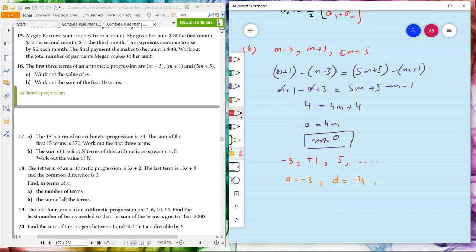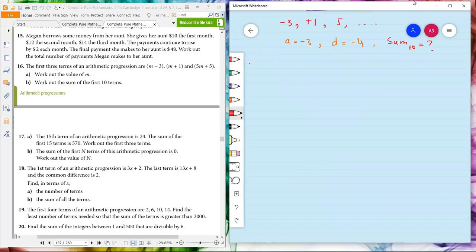So you have to calculate the sum of the first 10 terms. Just calculate it yourself after this lecture.